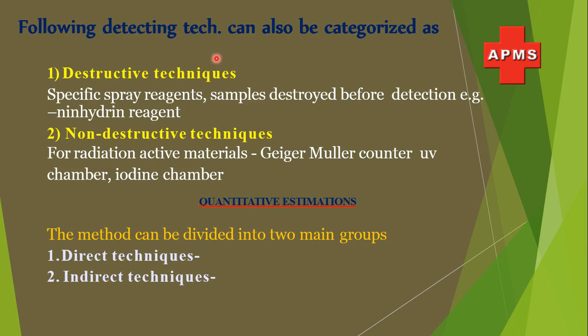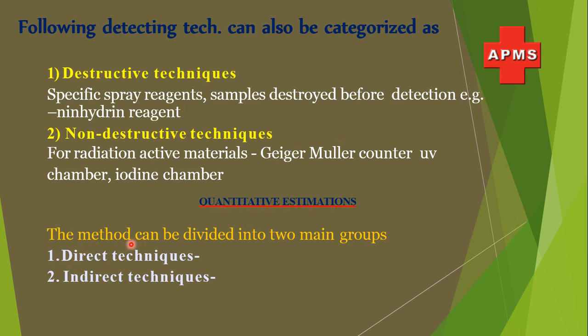It means it's a qualitative analysis, but we cannot observe perfectly a quantitative one, only roughly. By imagining the darkness of a spot or its spreading, we can observe the quantity of that substance present in the sample, but the actual concentration or quantity of that sample component will be estimated by quantitative estimation.